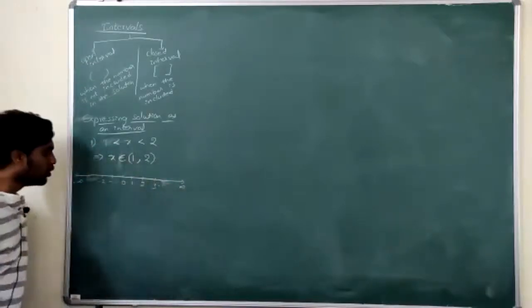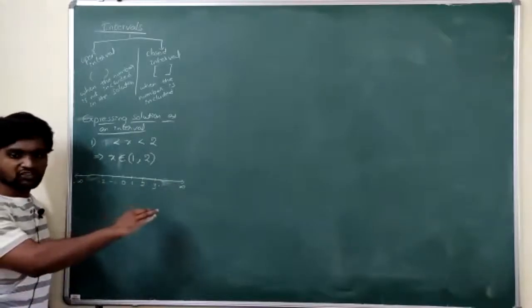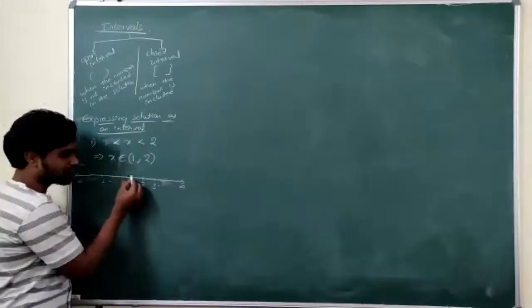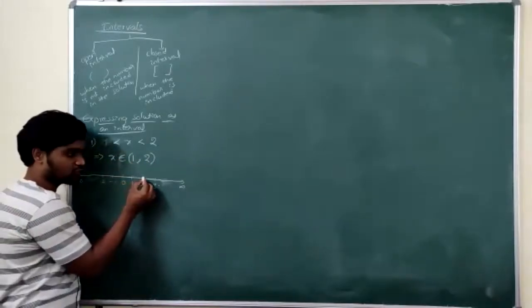These are values of x on the number line. Now x belongs to (1, 2). x cannot be equal to 1, and x cannot be equal to 2.